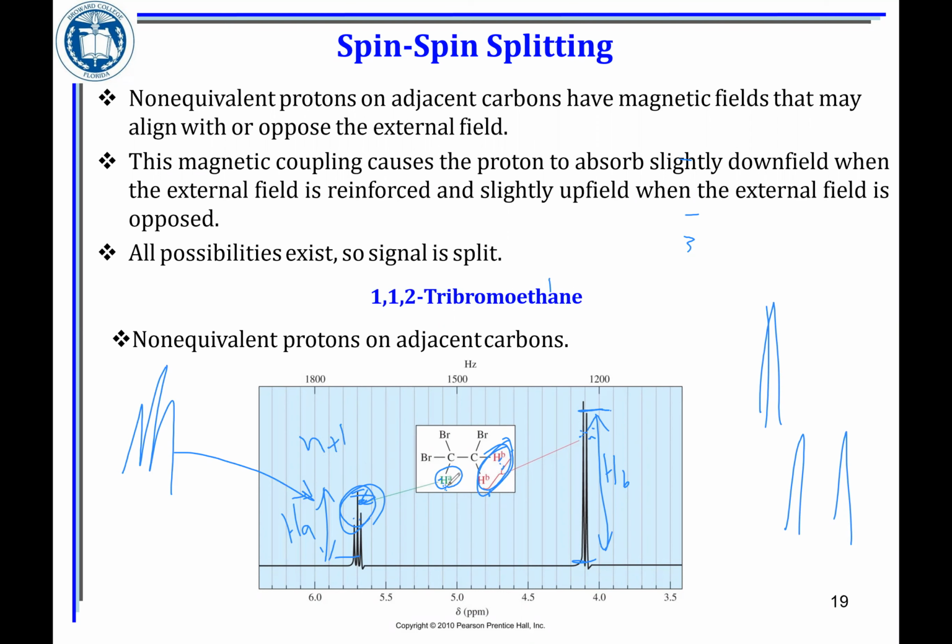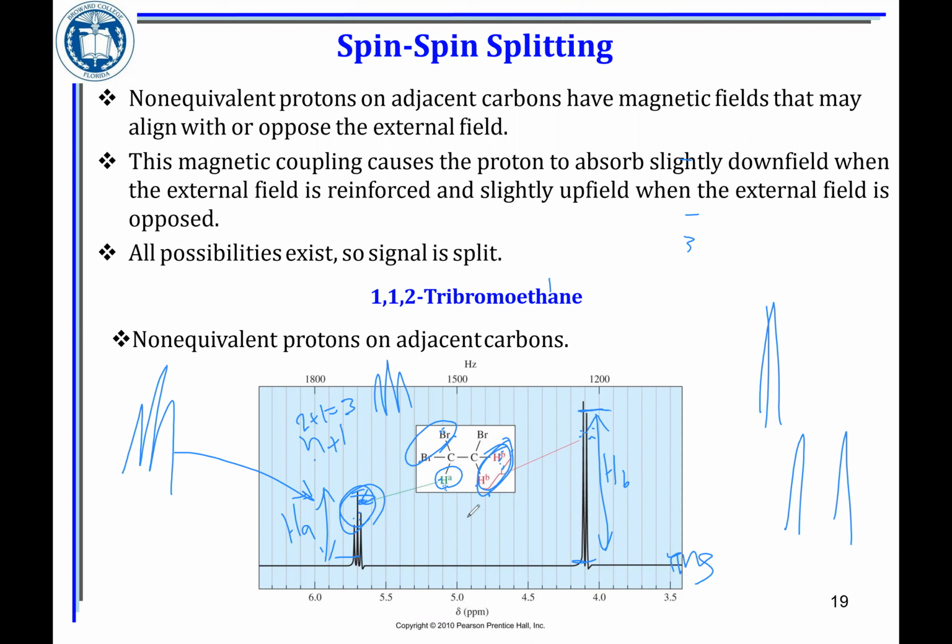You're looking at this hydrogen A because it's more de-shielded because of the 2 bromine, so it is further away from TMS, and it is going to be split by 2 other hydrogen. So it's n plus 1, where n is the number of hydrogen on the adjacent carbon. So we have 3, so the peak is going to be a triplet.